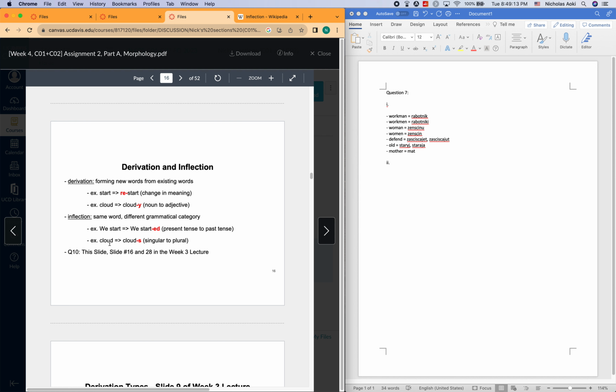Similarly, we have noun inflection. So we go from cloud to clouds. Both come from the same word, but we add the suffix s to go from singular to plural. So whenever we're adding morphemes to change the grammatical category, but not changing the word, we're dealing with inflection.